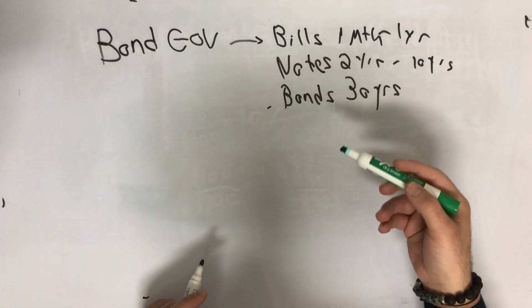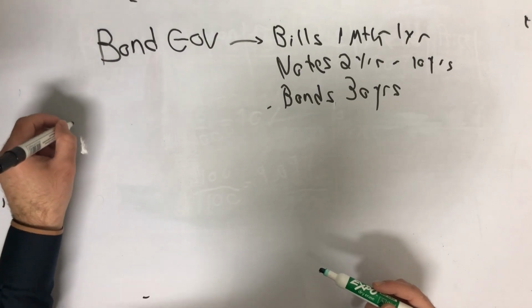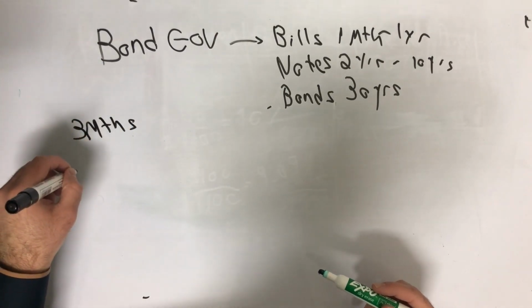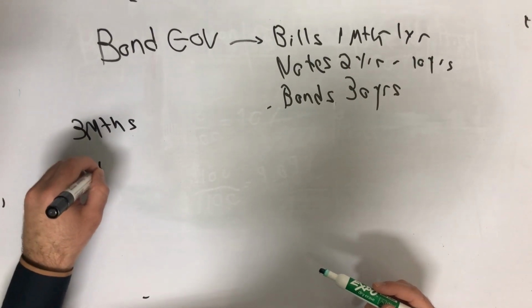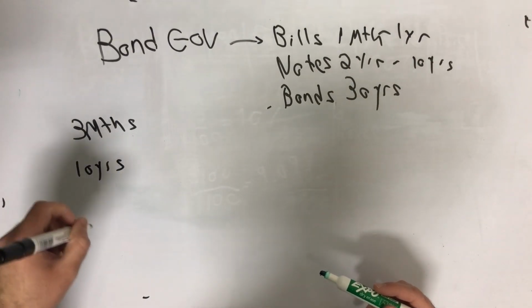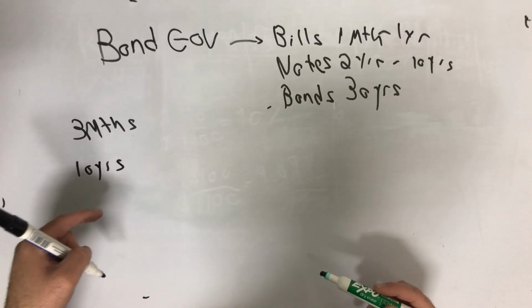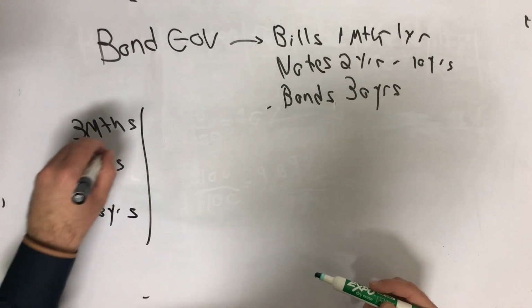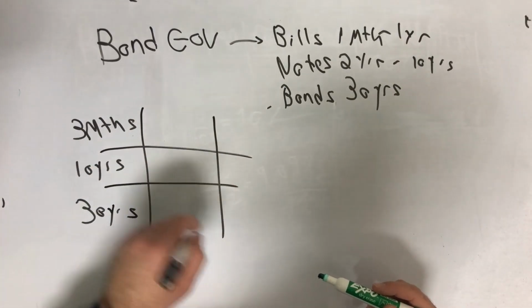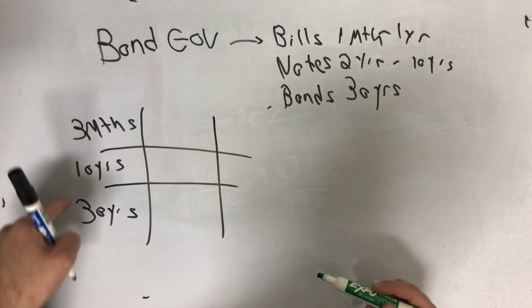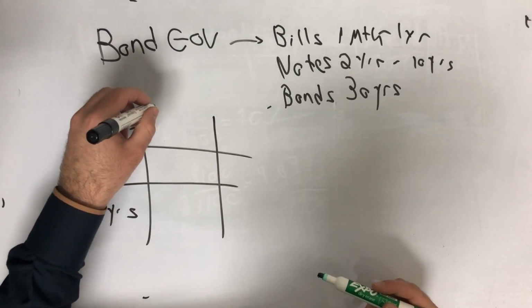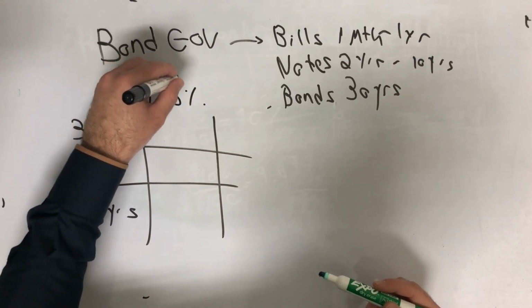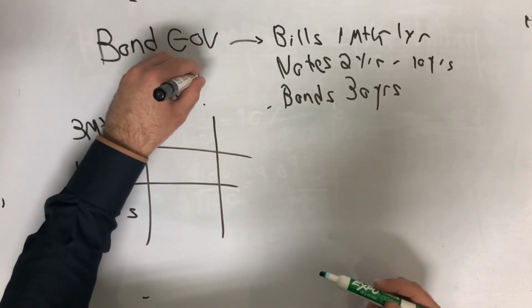Now I want to ask you a question and I want you to answer it with logic. If you're going to lend money to someone, let's say for 3 months, then for 10 years, and for 30 years, and we're talking about the same person, and I give you a scale from 1 to 5%, how much money will you make on the money that you lend?